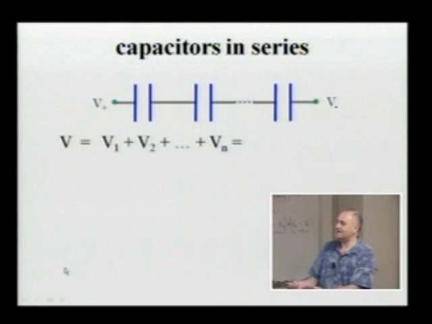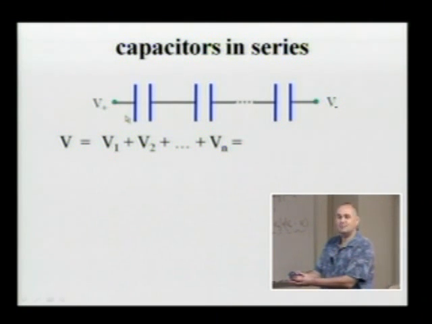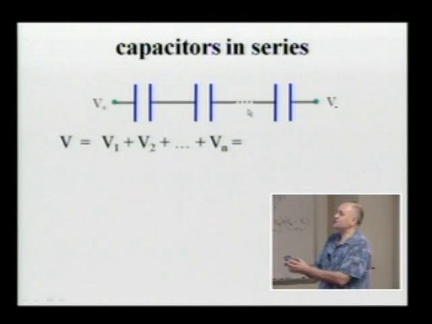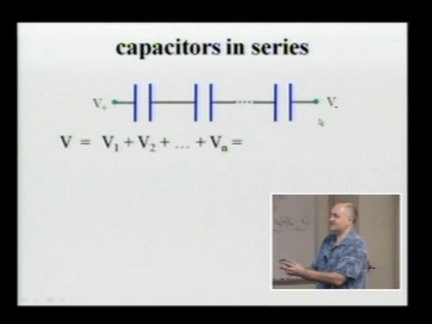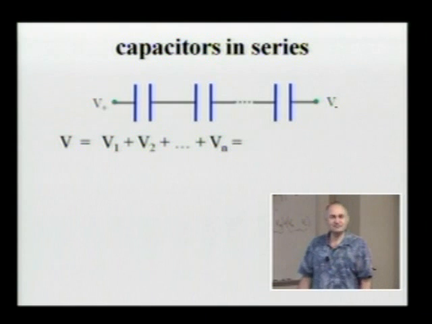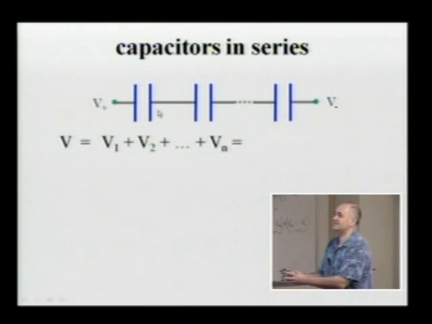Yeah, recall what we just said. If we put charge Q on the left-hand side of the first capacitor, charge over here will be minus Q. Charge here will be Q, here will be minus Q. If we look at the entire system, charge Q was transferred from one side of the system to the other side, exactly the same amount of charge like for the first capacitor.